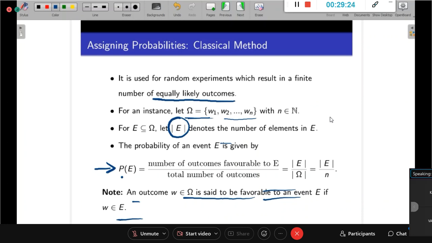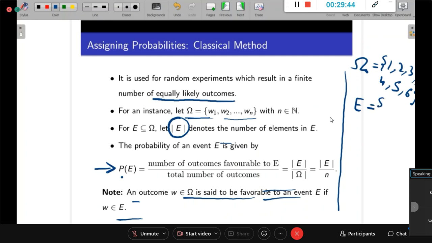So let's consider the example now, rolling a dice. Your sample space is 1, 2, 3, 4, 5, 6. Now E is the event when you get, let's say, odd numbers, so 1, 3, 5.